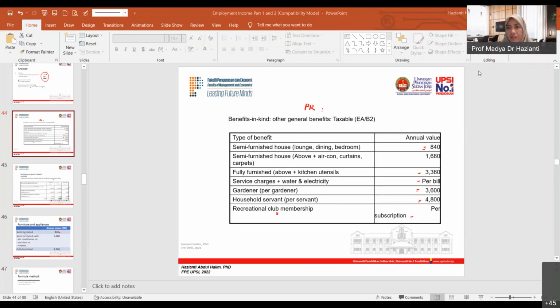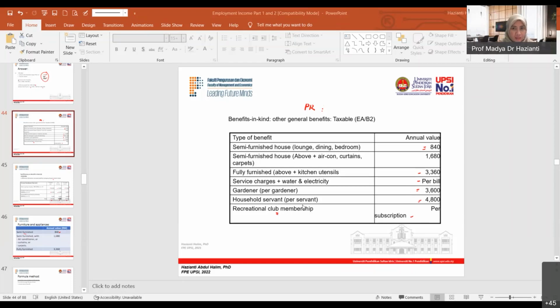Kalau semi-furnished ada lounge, dining, bedroom je, 840. Semi-furnished ada ni, 1680. So here the keyword is fully furnished, 3360. Hafal pun tak apa. Kalau fully furnished, 3360. Tak payah fikir panjang lah. Tak kisahlah employer tu sewa berapa ke, bayar berapa ke untuk furniture. Kalau fully furnished, for section 13(1)(b), straight away 3360.